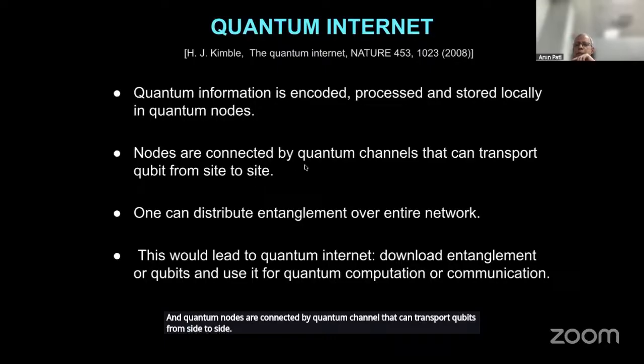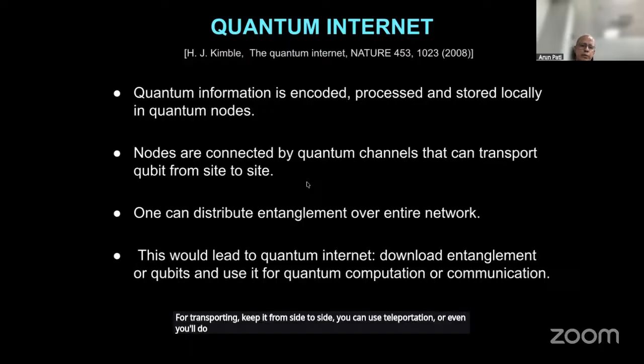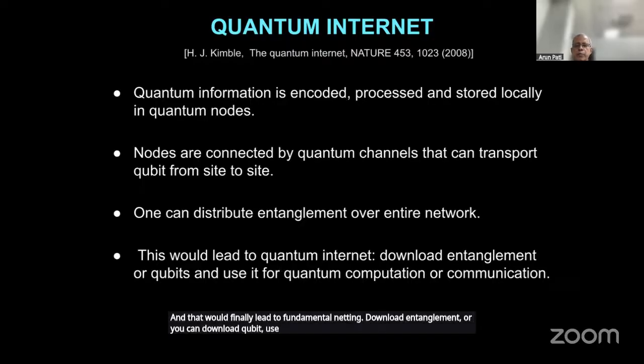For transporting qubits, you can use teleportation, or remote preparation, and other things also. You can distribute entanglement over the entire network, and that would finally lead to the quantum internet. You can download entanglement, or download a qubit, use it for computation or communication, and send it back. Then some other user can use it later on. So this is still very futuristic, but very promising.